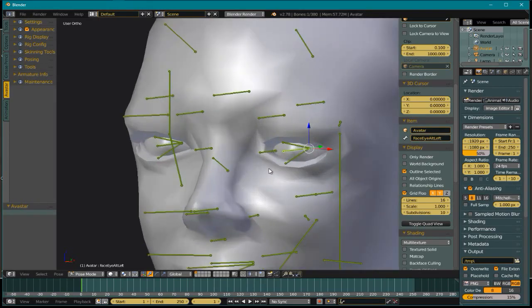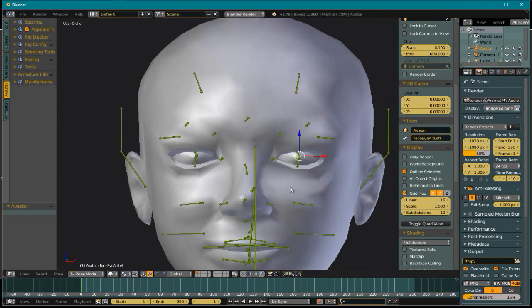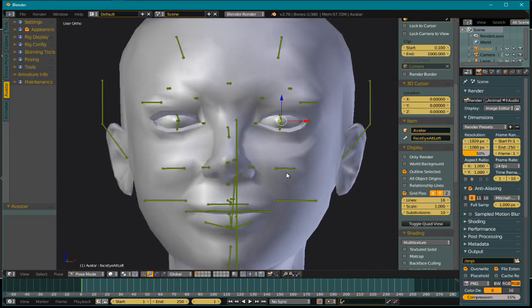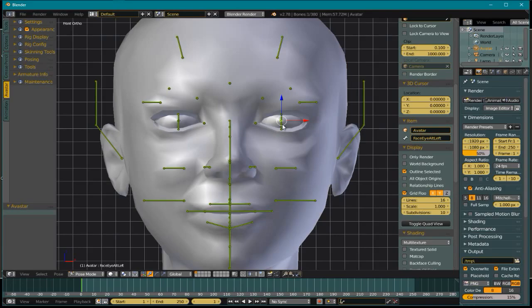They're not going to be perfectly centered. They're not going to rotate perfectly. And eyes probably could get a whole video all by themselves on how to properly rig eyes and set them up. But as far as modeling goes for a bento head, your eyes need to be exactly lined up with the default avatar.